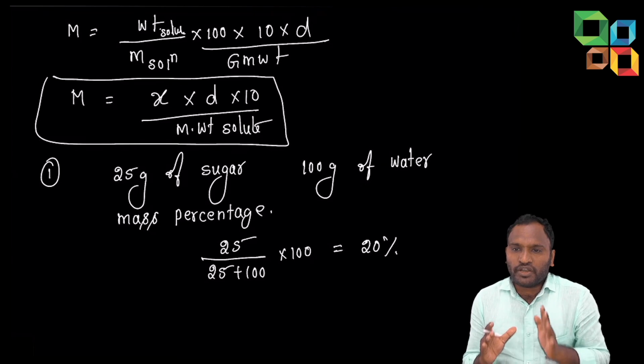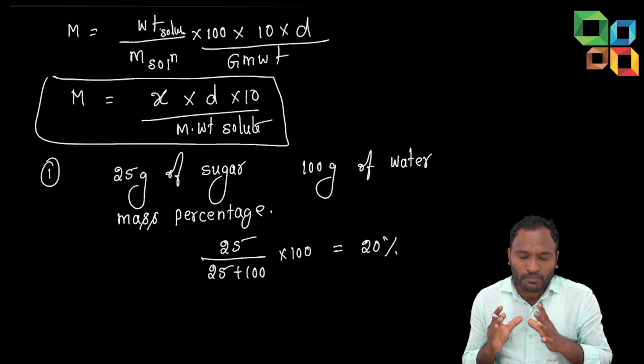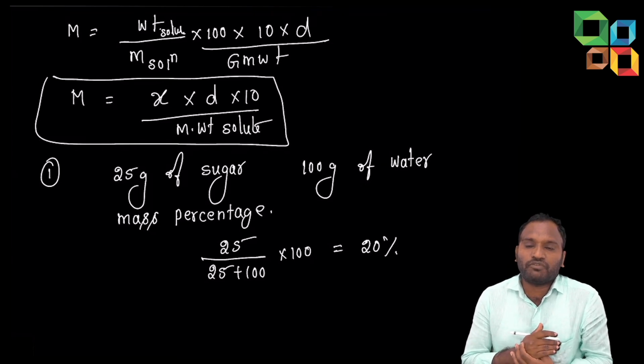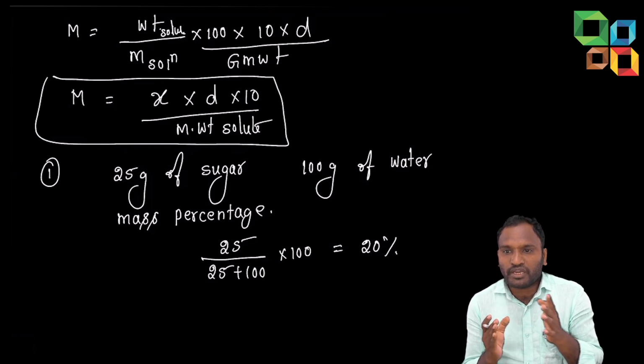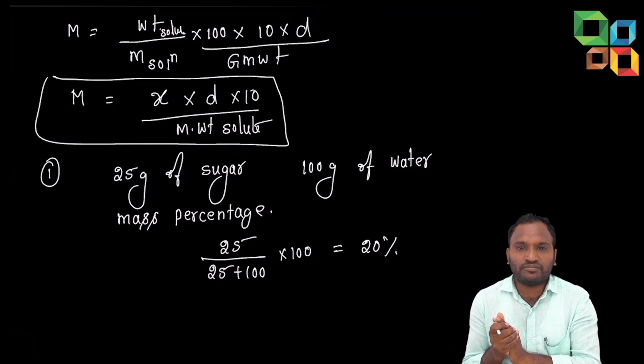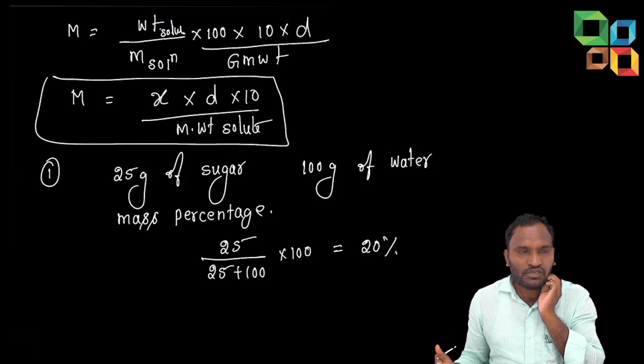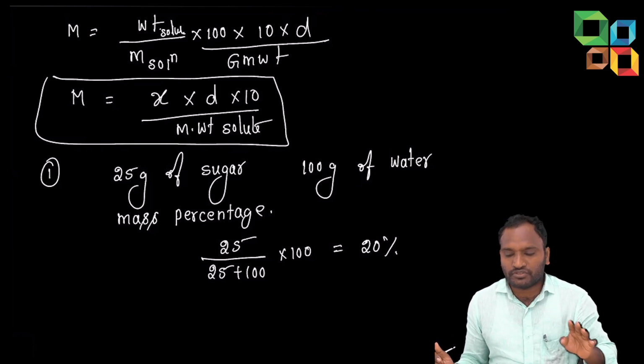So molarity, all the properties we got to know, the final formula we got to know, the molarity and mass percentage relation, and if they give density, how to find that also we got to know.